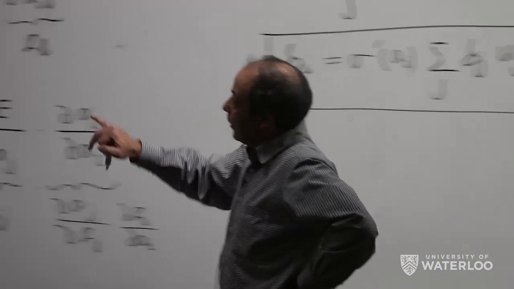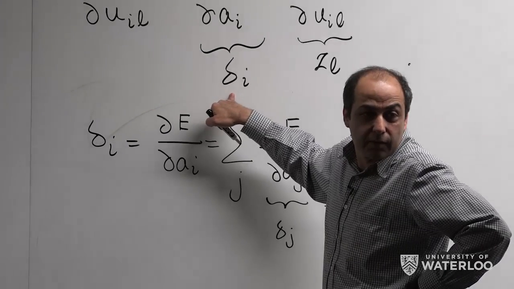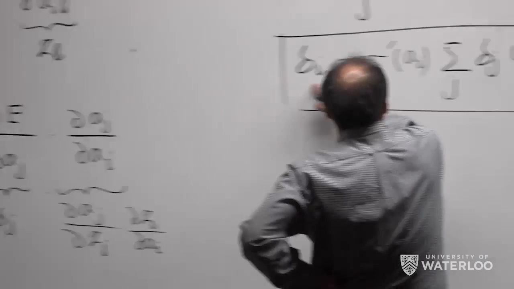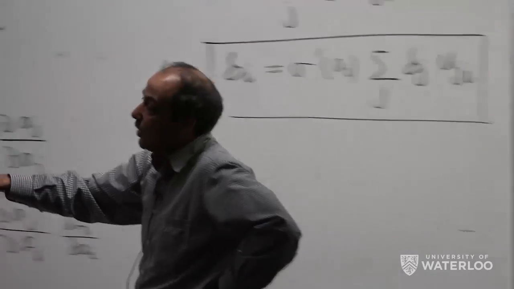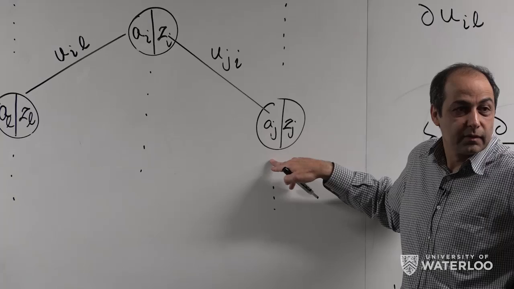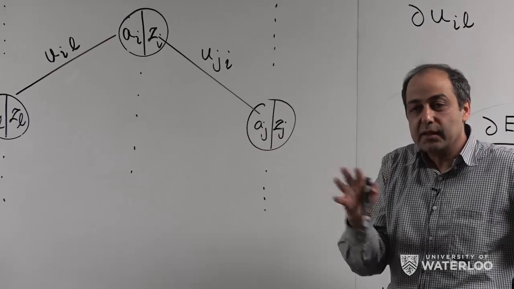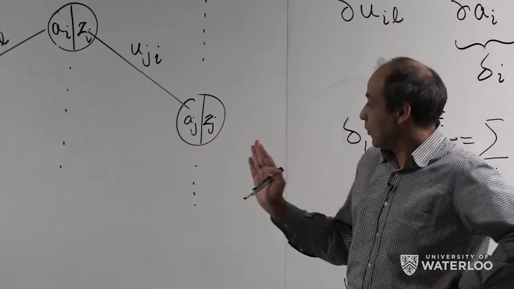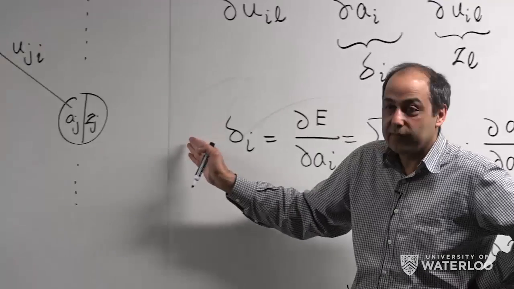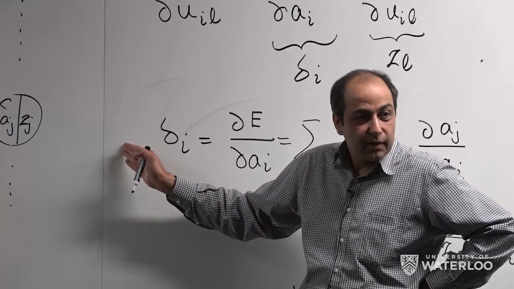You know, delta I was unknown. But I managed to compute delta I in terms of delta J, which is also unknown. But it's a recursive formula. So I can compute delta J in terms of delta K, and so on.